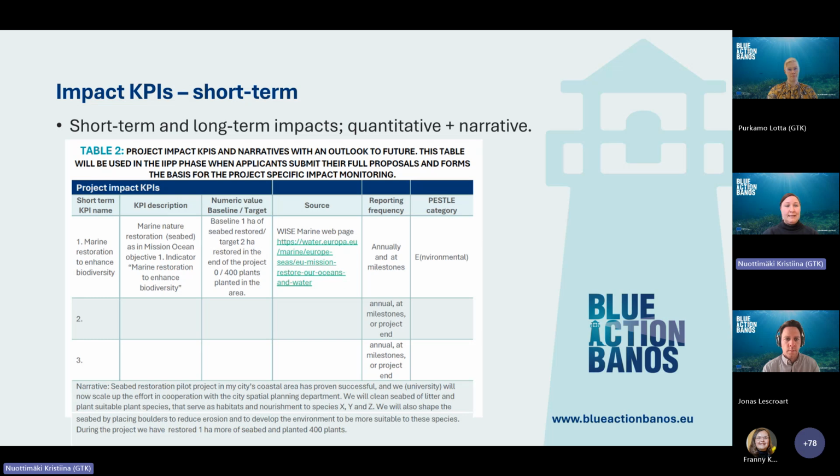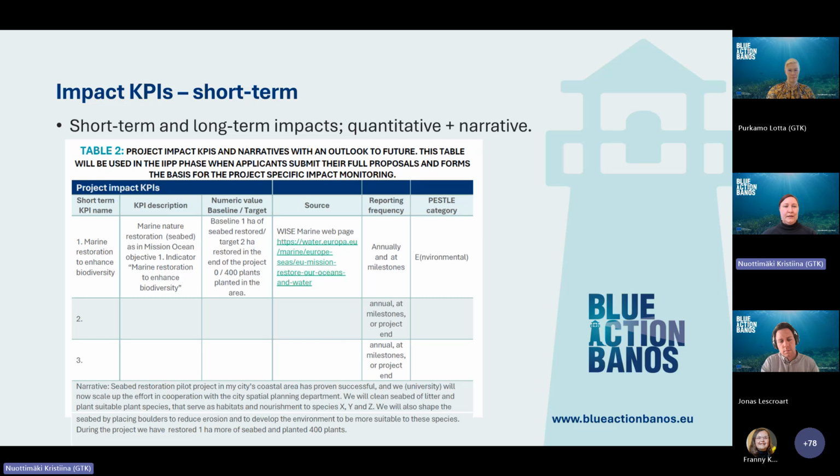It is described as nature restoration, namely seabed, and it follows the Mission Ocean Objective 1 indicator, marine restoration to enhance biodiversity. Then you have given some numeric values. For example, there's an area where there's 1 hectare of restored seabed, but you target to raise it to 2 hectares, and you plan to have 400 plants planted in the area.